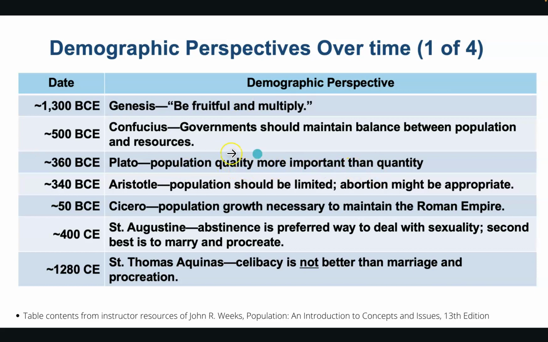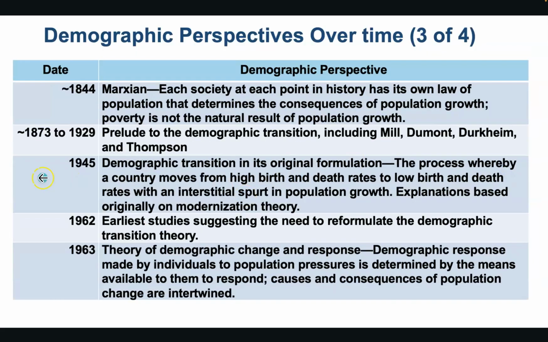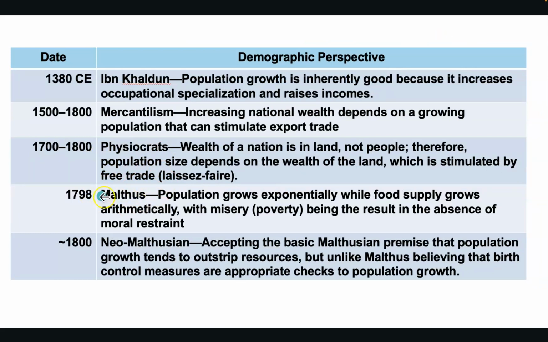more important than quantity. There were many of the different perspectives, but the recent one, for example, the Malthus, I would mention that the father of the modern population history and the modern population theory, he worried a lot because the population increases exponentially, while food supply grows arithmetically, which means the exponential means the power, the 2 square and to power 3 or to power 4, and that will be a very huge increase within the specific time.